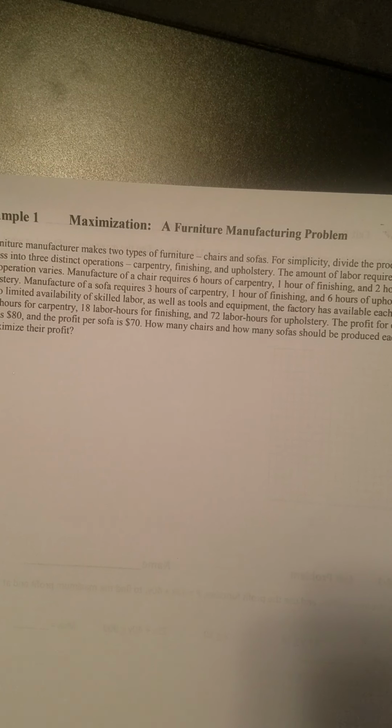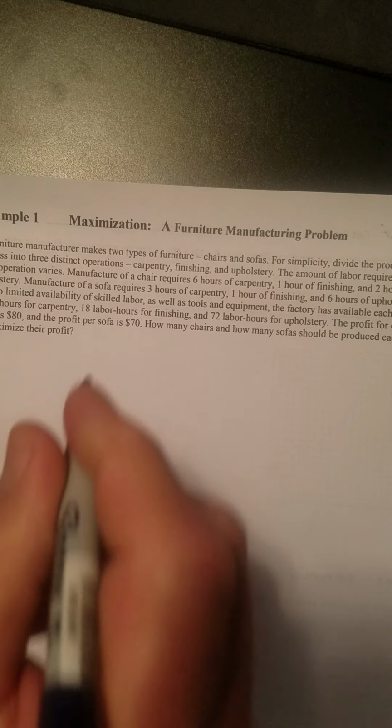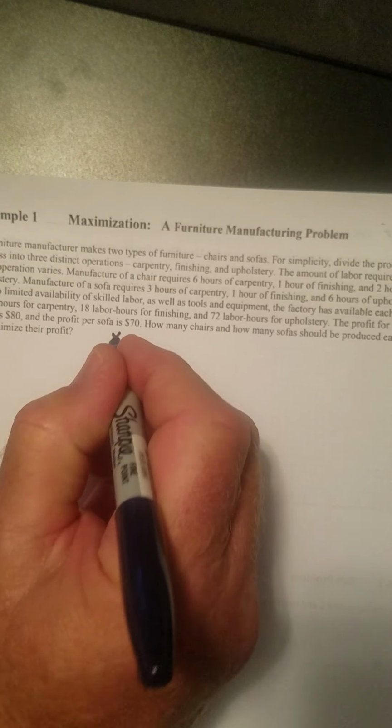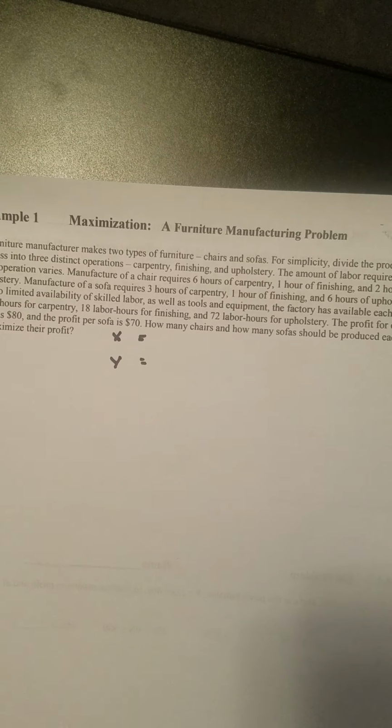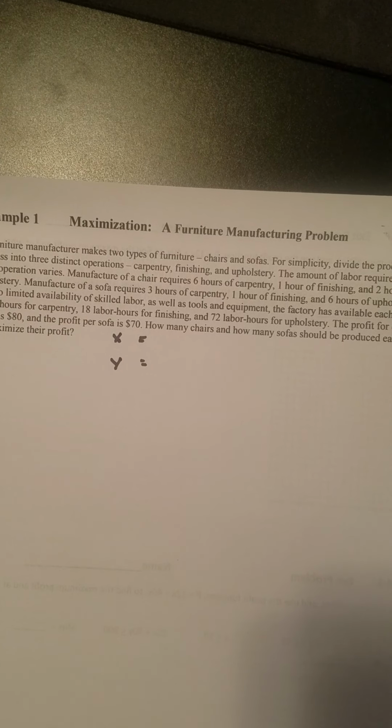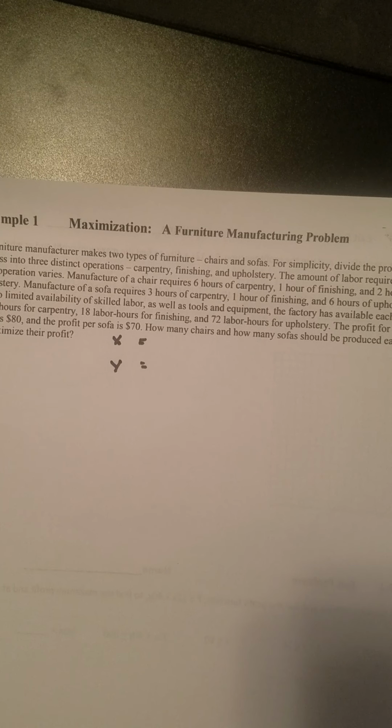Okay, so first of all, we need to define the variables. Normally we use X and Y. Before I say what the variables are, I want you to think, what are we trying to find?